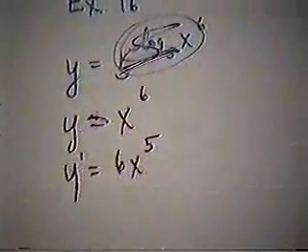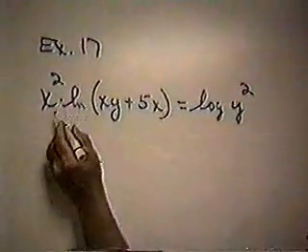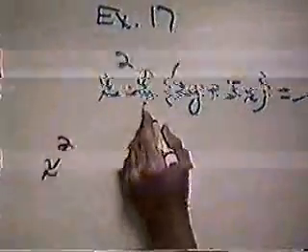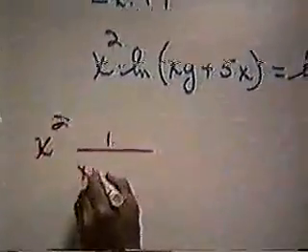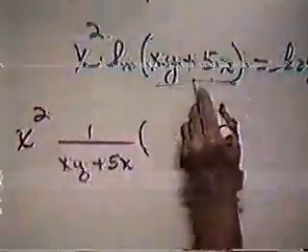All right, now let's look at the next example, 17, at implicit differentiation. Just all that mixed up together. Same stuff, product rule. Here's a product rule. So I'm going to write the x squared down and take the derivative of the log. Well, the derivative of the log is 1 over the object, which is xy plus 5x, times the derivative of the object.